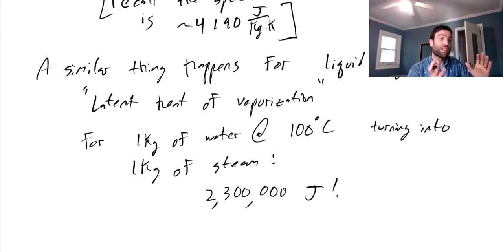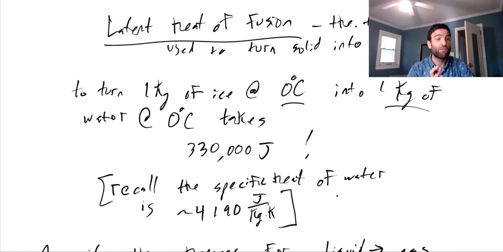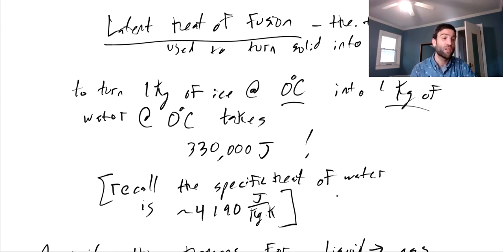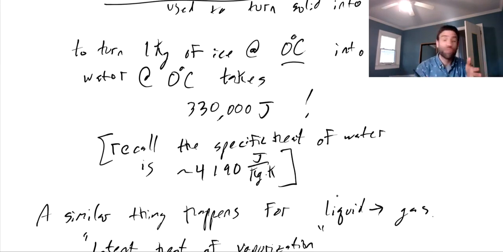I want to mention that I talked about the energy you have to pump into a system to go from a solid to a liquid, and then also from a liquid to a gas. The same thing happens when you're going in the other direction. So if you want to freeze water into ice, you bring the temperature of the water down to 0 degrees Celsius, and then as you continue to remove heat from your system, you don't lower the temperature anymore at first.